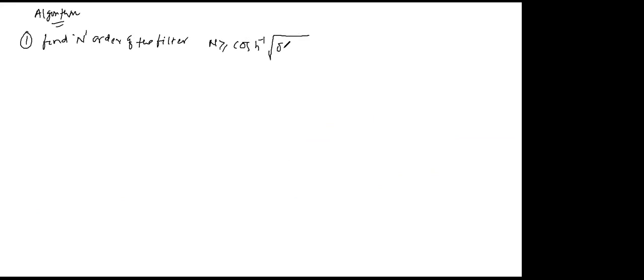If you want to summarize, or if I write the direct algorithm, what are the steps? What is the first step? Find n, the order of the filter. The formula is already given, yes or not? n is greater than or equal to cosh inverse of the ratio.